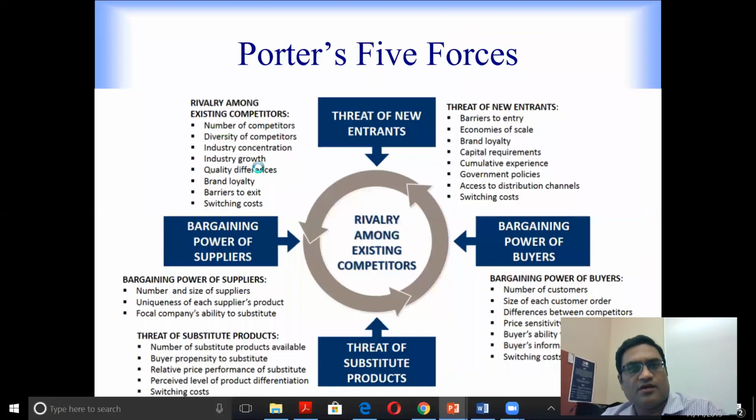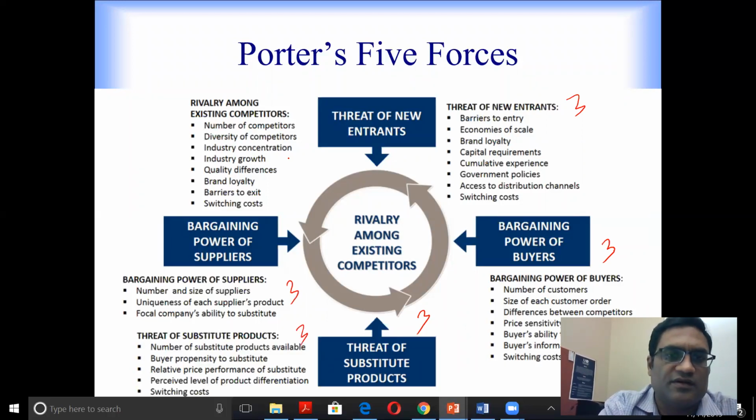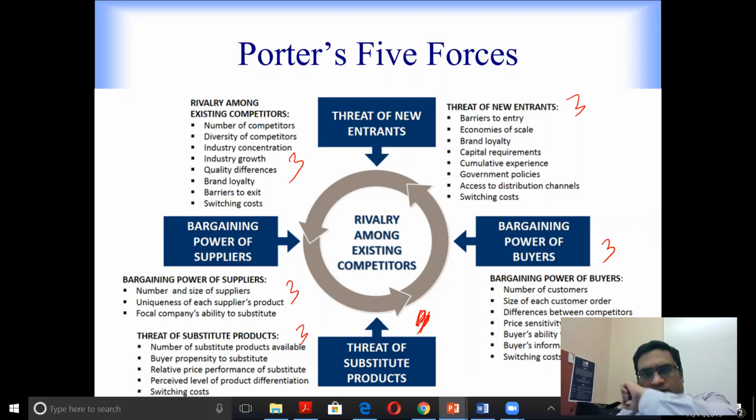Then Porter's 5 forces, again, as I mentioned, you're supposed to pick 3 factors from each of these. So 3 over here, 3 here, 3 here, rather here, here, here. So not this one. All right, let's pick the first one, which is brand loyalty.